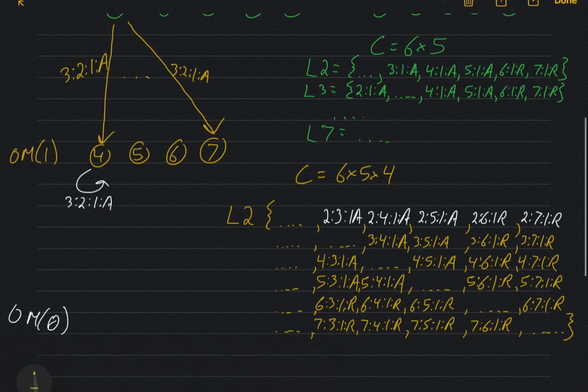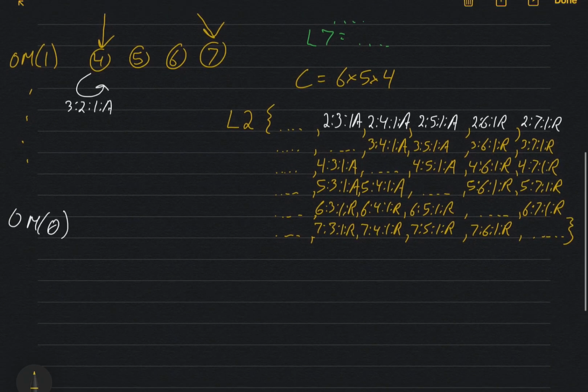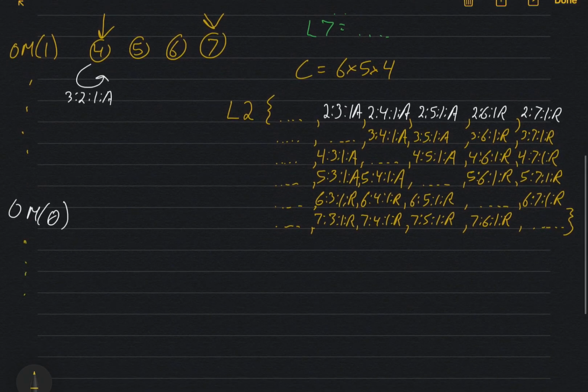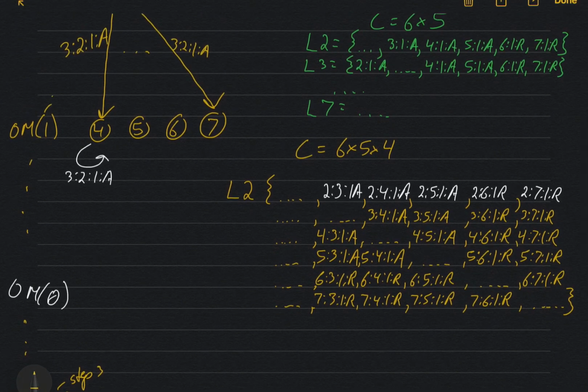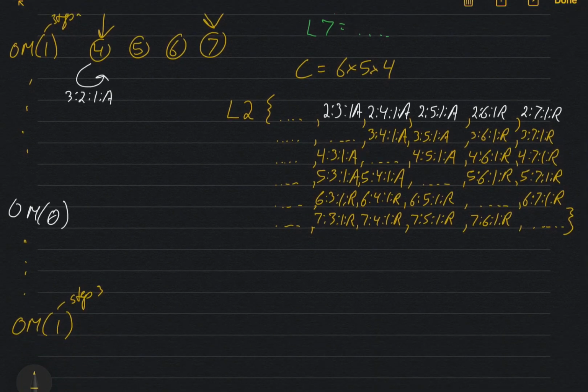So now we're going to come out of the recursion. So for step 3 of the recursive algorithm, whereas this here was step 2, it's going to take the majority value in each column. So what Lieutenant 2 will compute is the majority of each column.